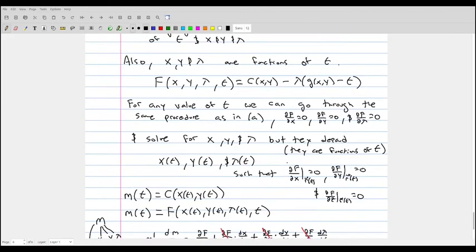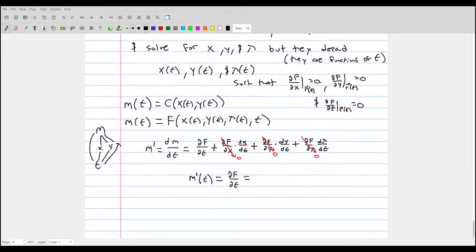which, if we go up and look at F, the partial derivative of capital F with respect to t is going to be negative lambda times negative 1, or lambda of t times negative 1, which is just equal to lambda of t.